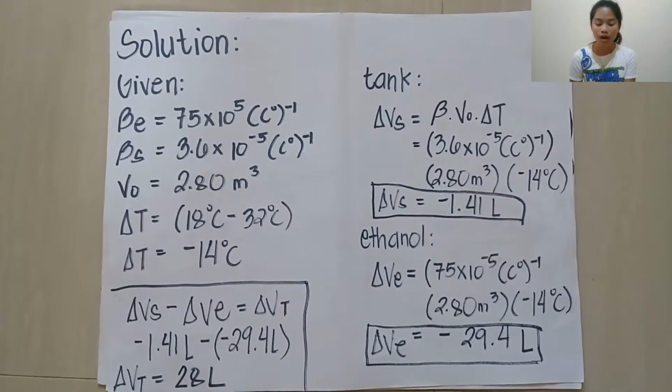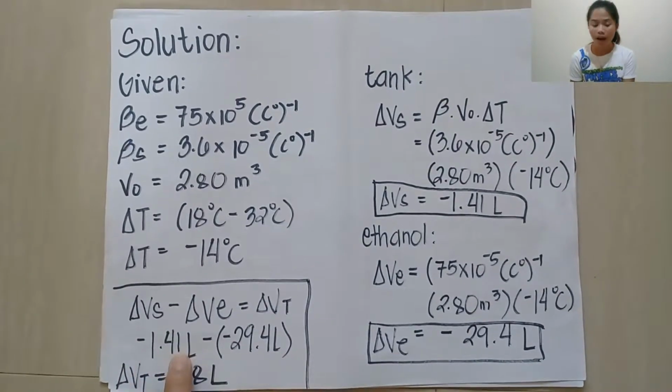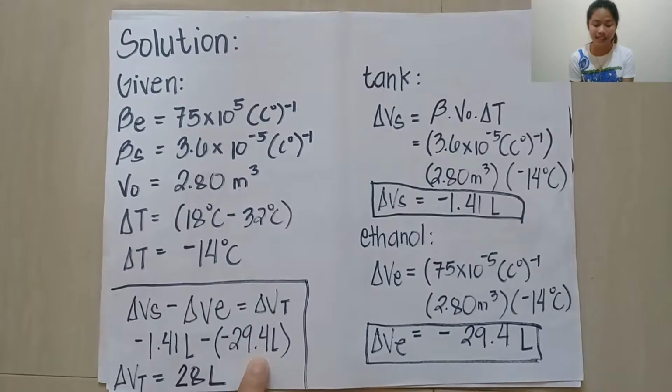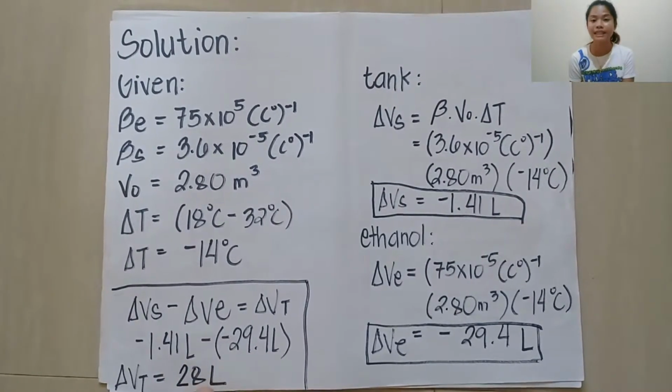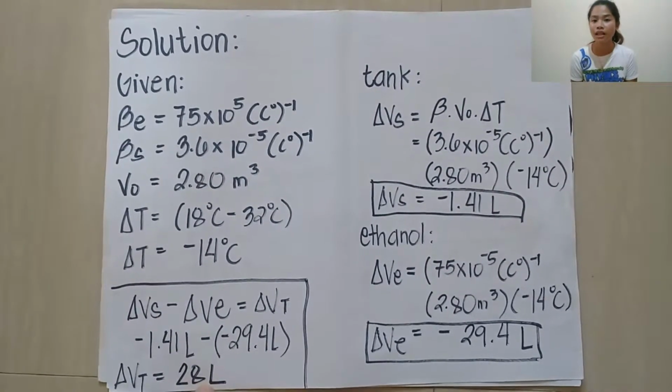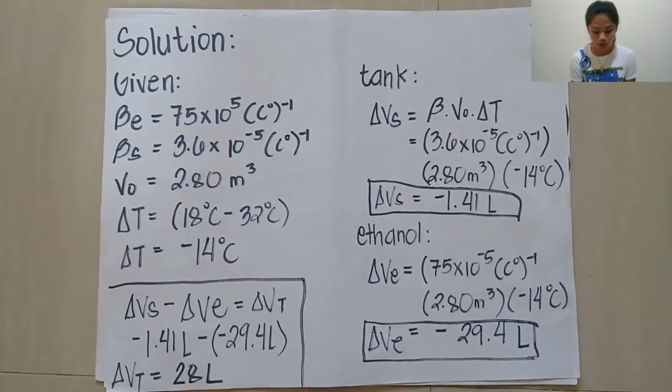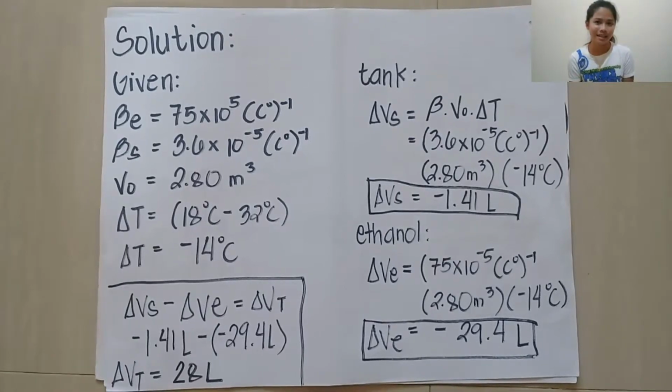So, negative 1.41 liter minus negative 29.4 liter is equal to 28 liter. So, the additional volume is equal to 28 liter.